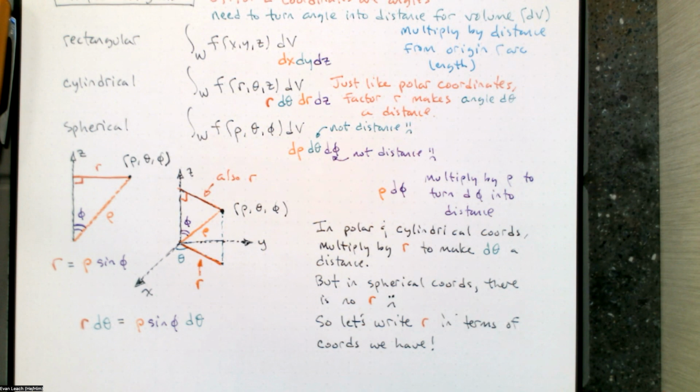So we did multiply by r, but I had to translate r into spherical coordinates. We turn an angle into a distance by multiplying by the distance from the origin in the plane, the distance in the plane where the angle happens.